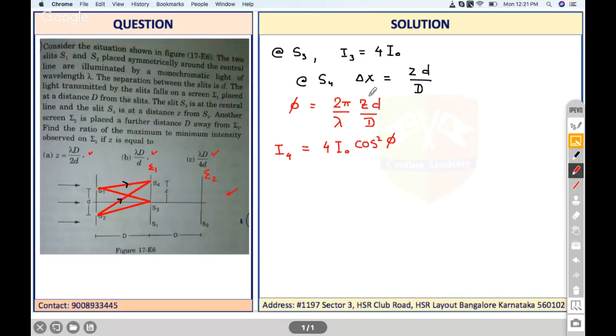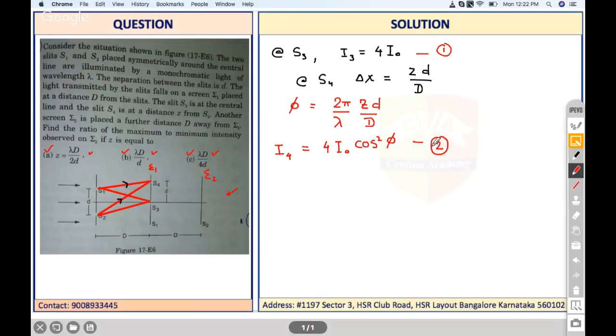Depending on different values of Z, you'll get different values of phi. So if you put the values A, B, C one by one, you can get the intensity at S4. All right, so I have the intensity at S3. Let's call it equation 1 and this equation number 2.